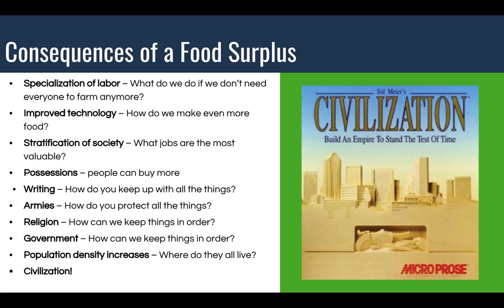Now that you've thought of that, let's go through the process for this. Well, what if we don't need everyone to farm anymore, right? We have more food than we need, so people can do other jobs. We call this the specialization of labor. Instead of everyone being farmers, now some people can be artisans.